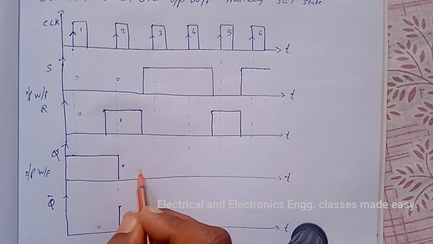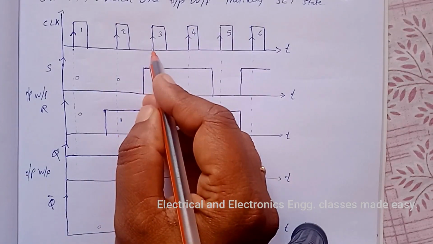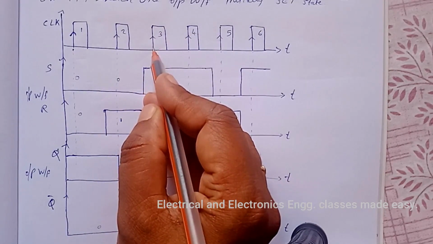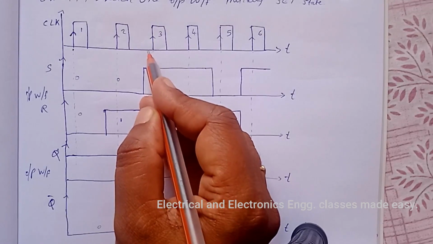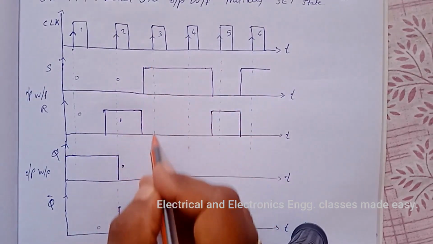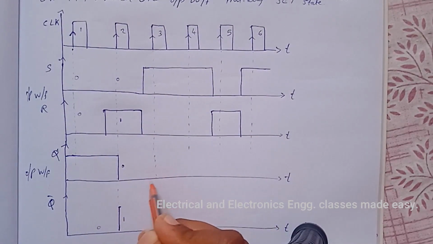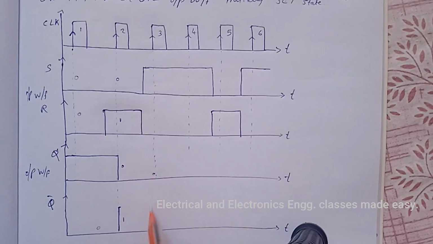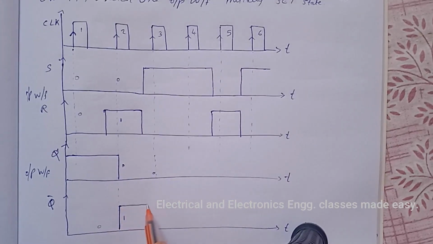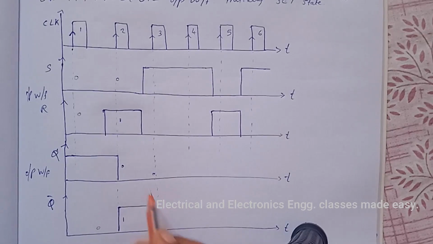And it will continue up to the next positive edge of the clock pulse. So the next positive edge is this one. So up to this point it is 0 and this is high up to this point.